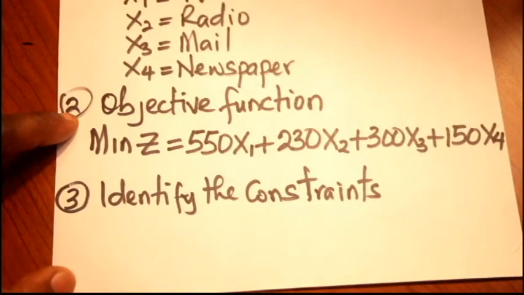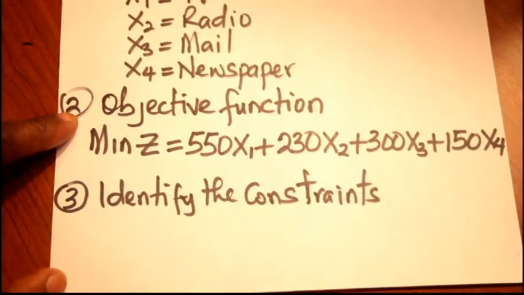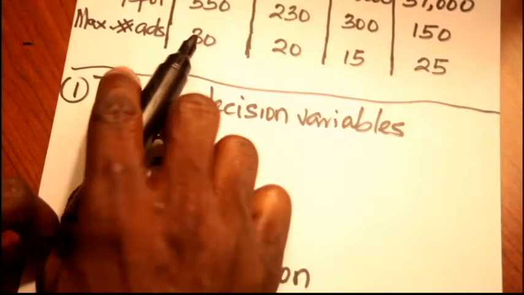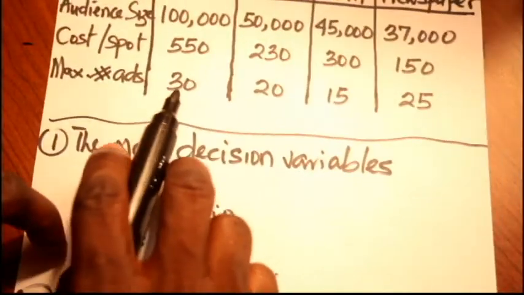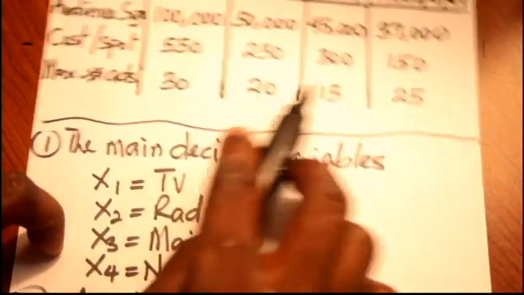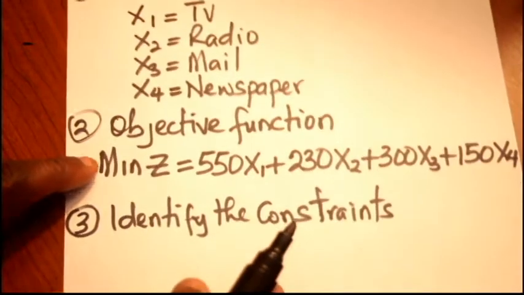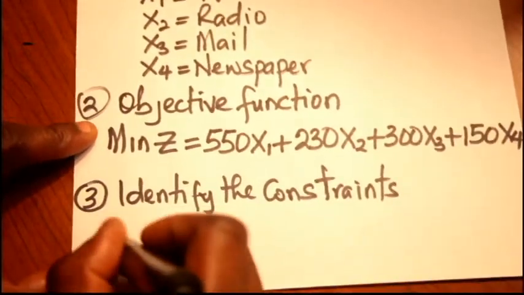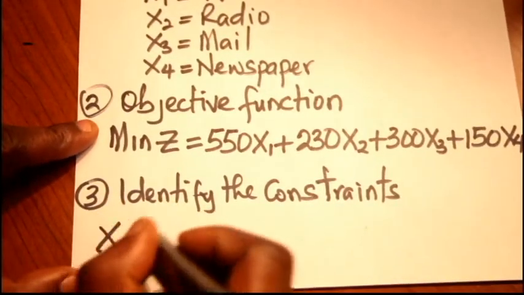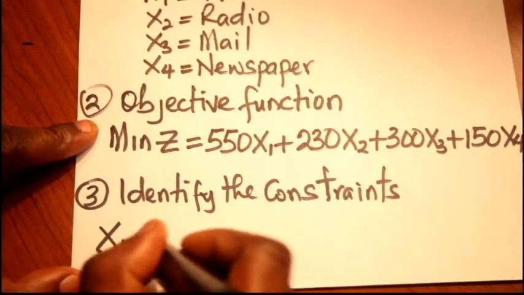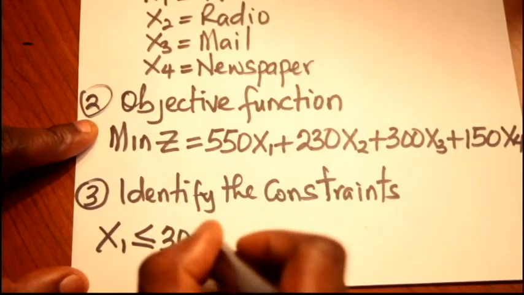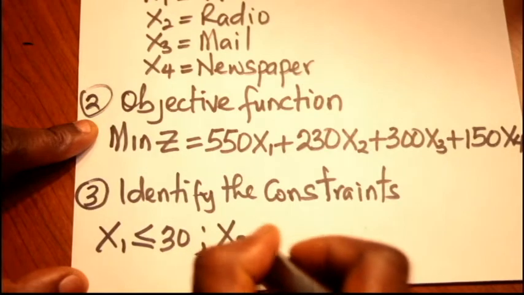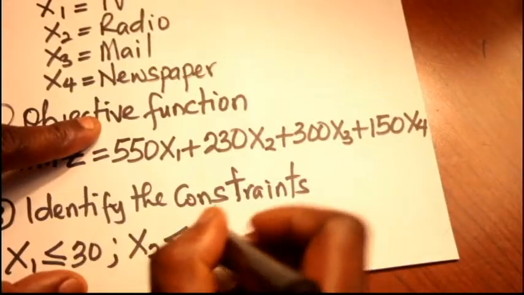For the constraints, I have the number of possible ads for TV, radio, mail, and newspaper. So I'm going to state that out as X1 will be equal to or less than 30. X2 must be equal to or less than 20.